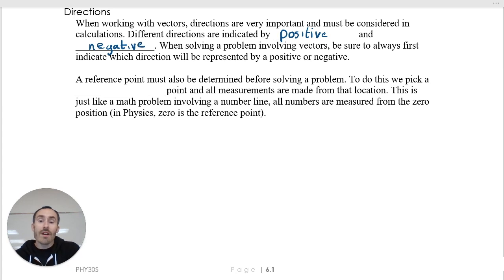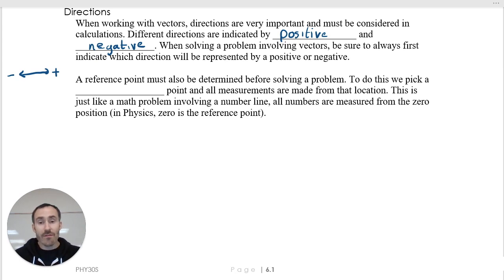Maybe in this question you are talking about something dealing with west and east, and you'll need to do some sort of calculation involving east and west vectors, and maybe you want to call east the positive vector and west the negative vector. They're opposites, and so going west is the same thing as going negative east. That's weird to think about maybe, but that's how it works.